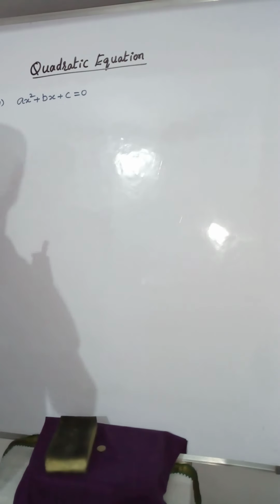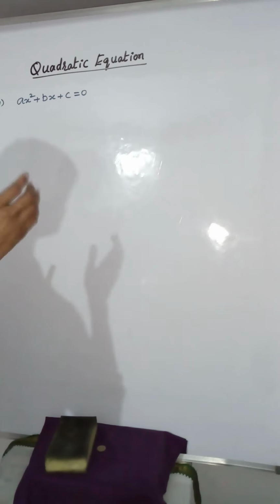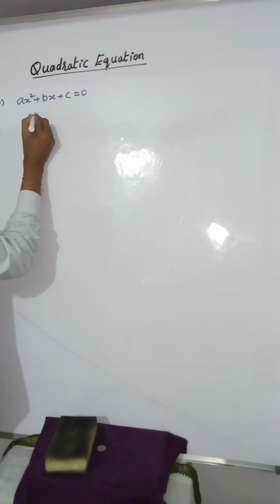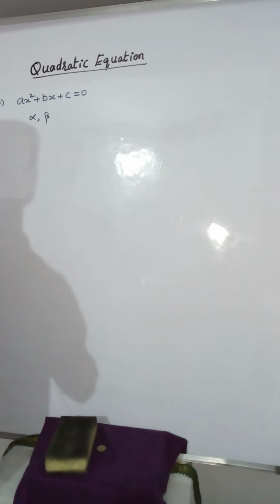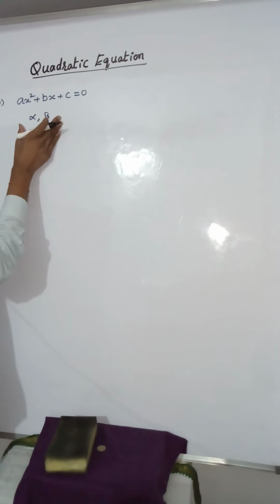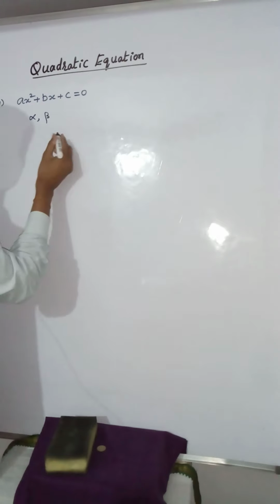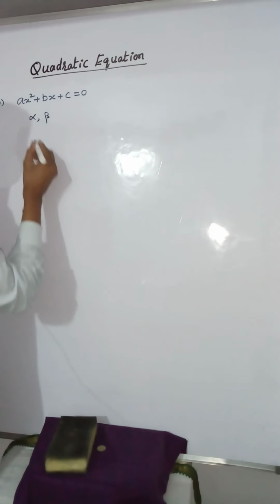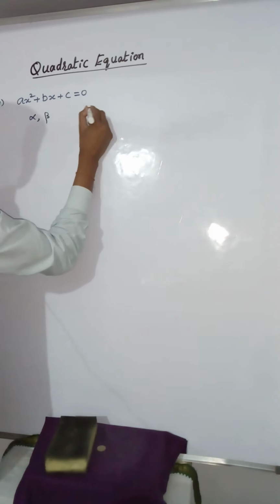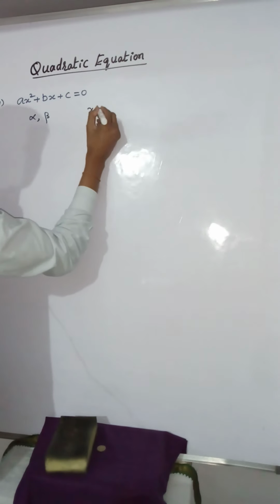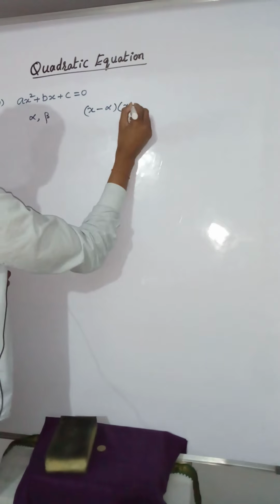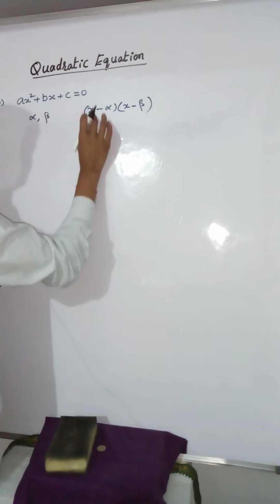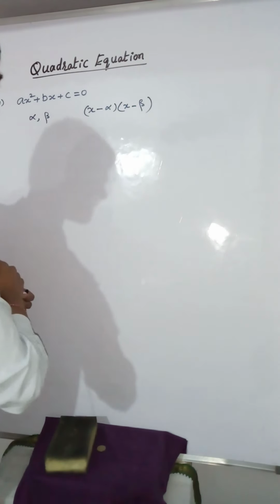Ultimately, it is an equation, so compulsorily it will have two zeros. What are those two zeros? Let us take alpha and beta as the two zeros. If I take these as zeros, then I will have linear factors. For a quadratic equation, the factors will be x minus alpha into x minus beta.